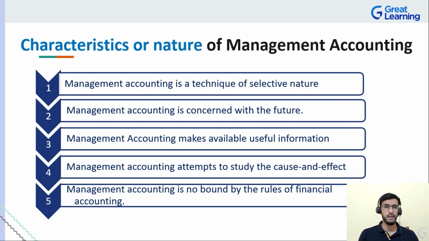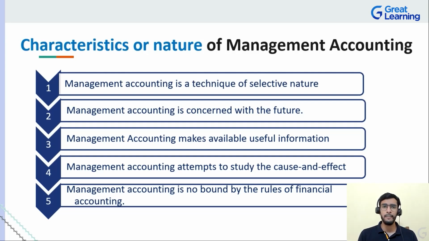Why is management accounting known as a technique of selective nature? That's because in management accounting, the accountant does not require all the data that is provided in a financial record. A financial record might contain the financial statements, the balance sheets, the profit and loss statement, the cash flow statement, the income statements, and a lot more information.